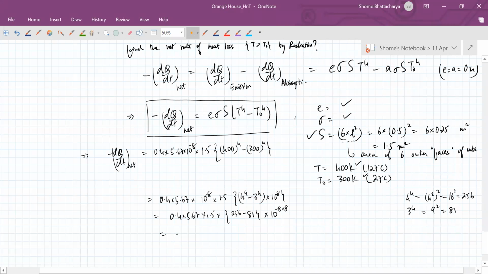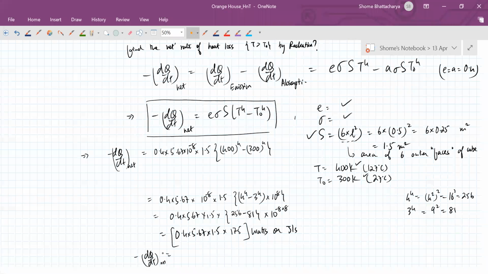So ultimately, we are left with this calculation: 0.4 into 5.67 into 1.5 into this will become 25 minus 8, so that is 17. So this much in watts or joule per second. This is one type of calculation question that you can get in this chapter at your NEET level.